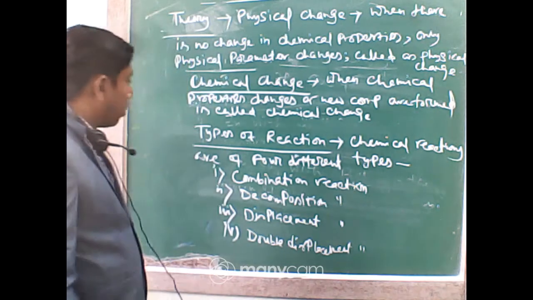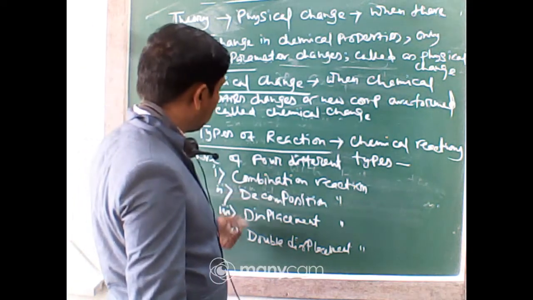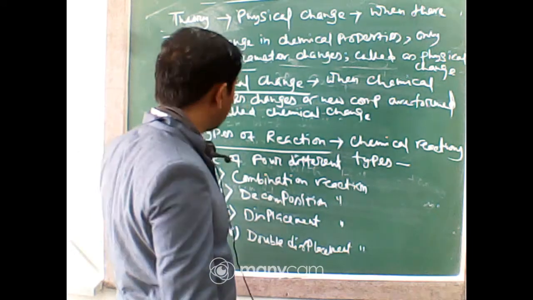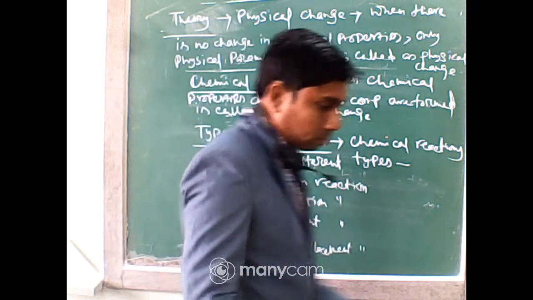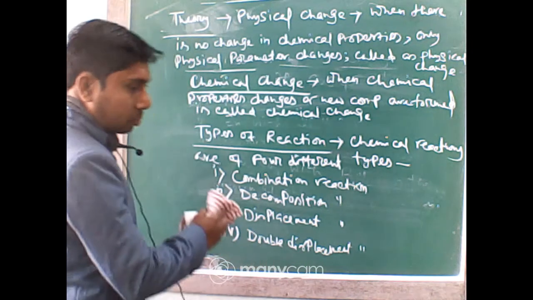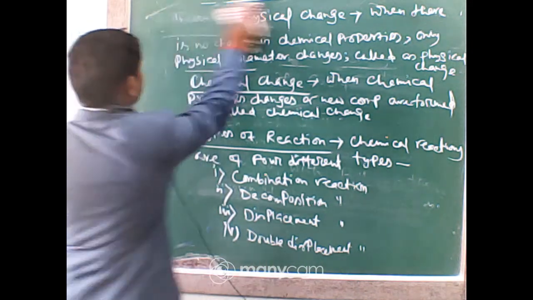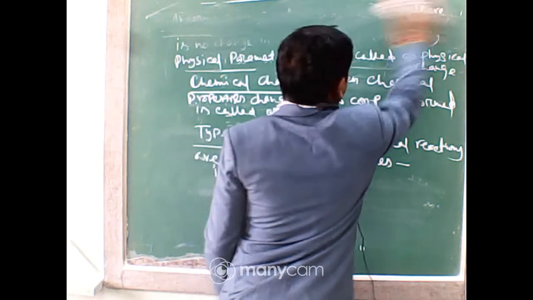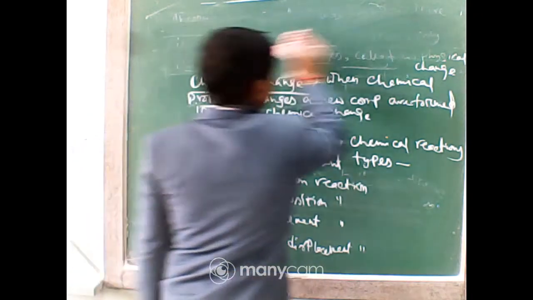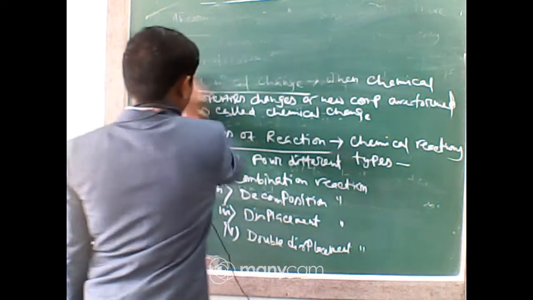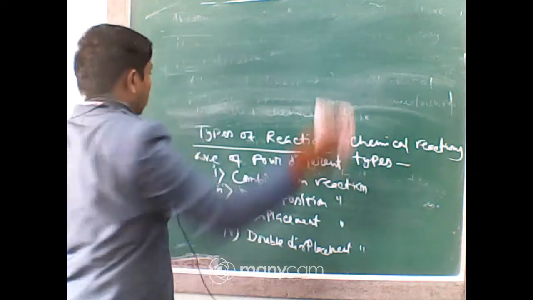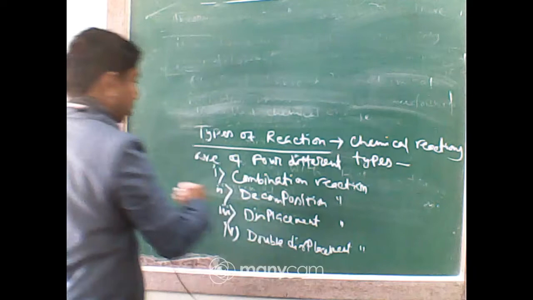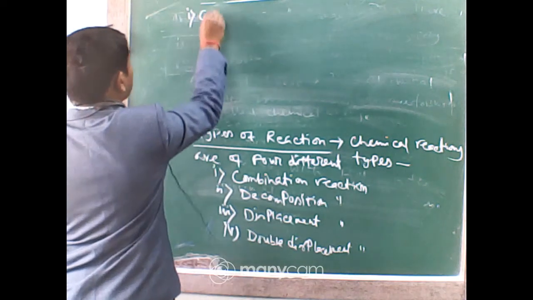Now we have to entitle these reactions, that is the definition of these 4 kinds of reaction. Okay. So first one, that is combination reaction.